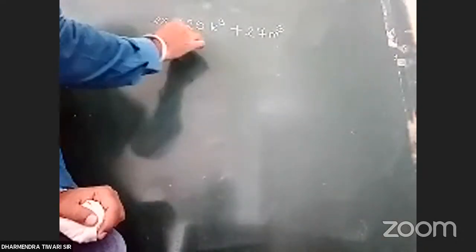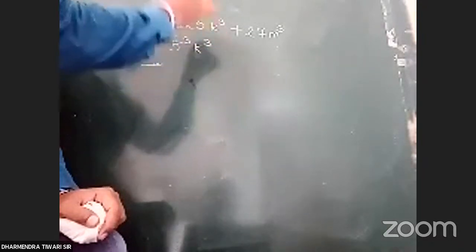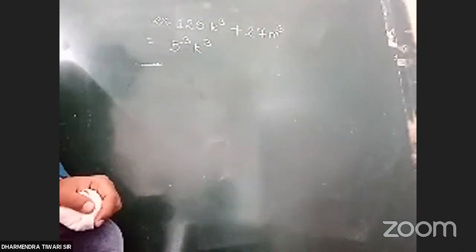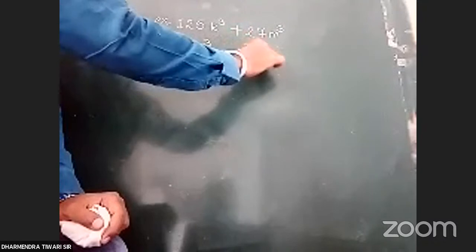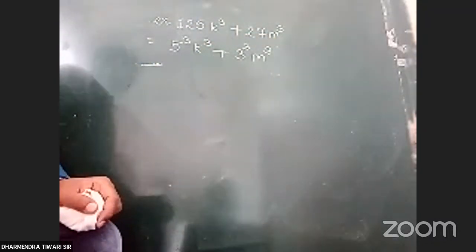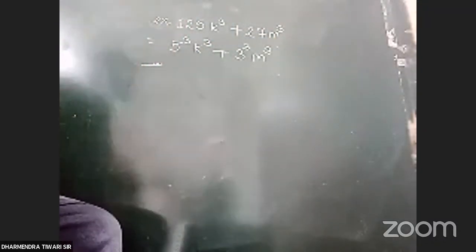Now, how can we write this? Just find the cube of the numbers. You can write this as 5 cube k cube plus 3 cube m cube. 5 cube is 125, we have seen in the earlier problem.